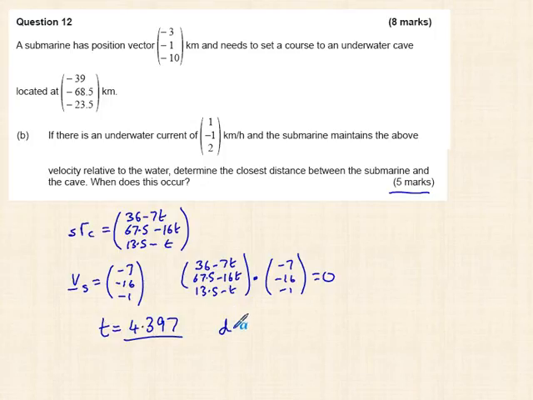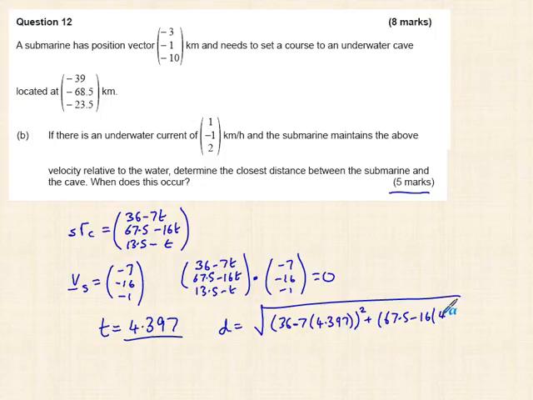So that would be the square root of (36 take away 7 times 4.397) squared plus (67.5 take away 16 times 4.397) squared plus (13.5 take away 4.397) all squared.